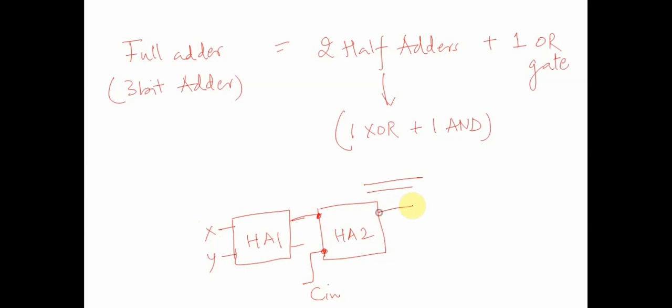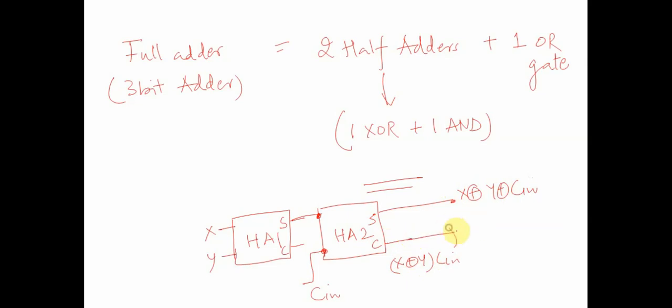The outputs are sum and carry. This sum is nothing but x XOR y XOR c in, and whatever carry we get over here is x XOR y into c in. What we do is we have an extra OR gate.